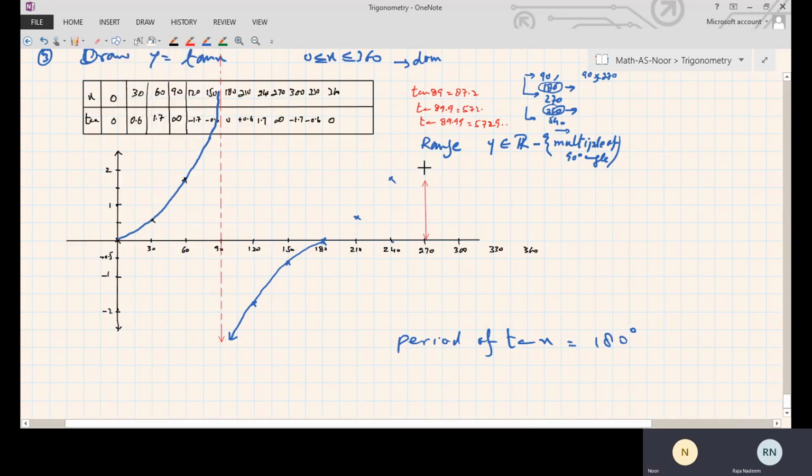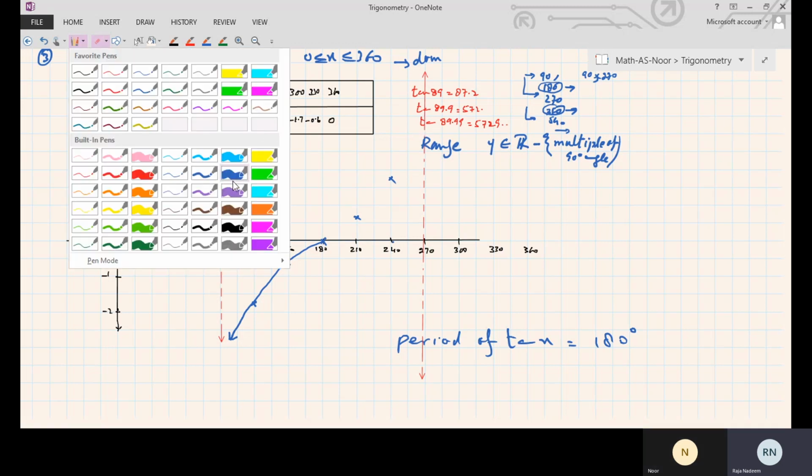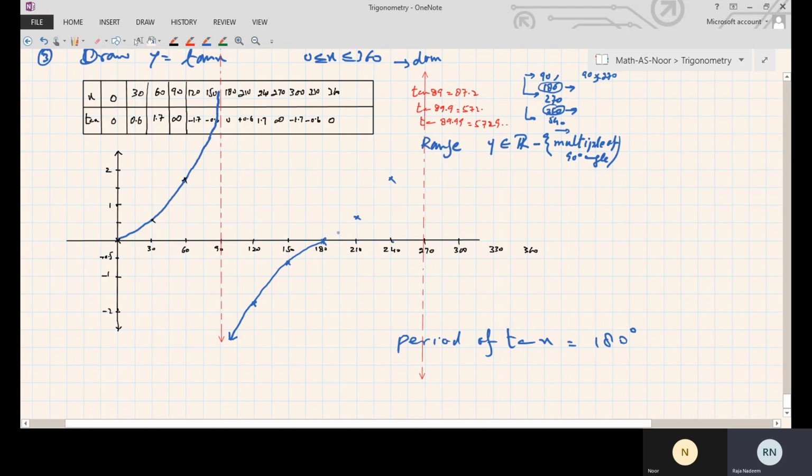At 270, if I draw a line, that line is because it's giving math error, so we draw this line in the form of a dotted line. And when we complete our graph, we would see that again the line will move towards the positive x-axis.